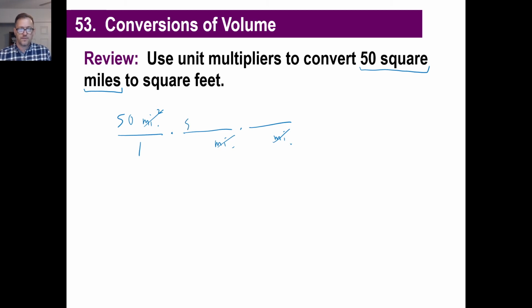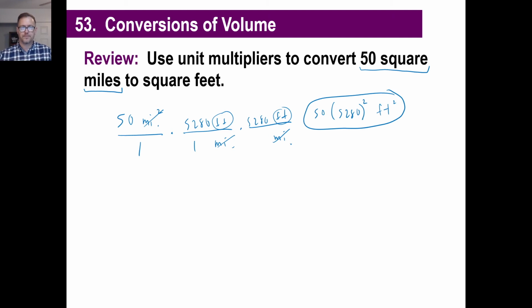So again, it's 5,280 feet in a mile. So, you have 50, good gracious, times 5,280 times itself, which is squared, and then a foot times a foot is a foot squared. So that's your answer, and so on.